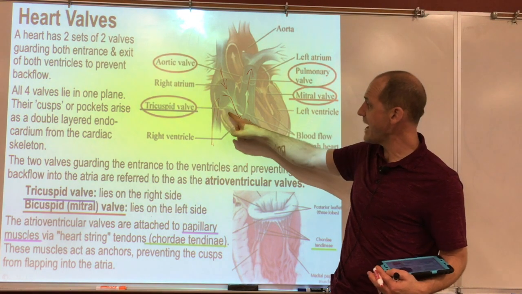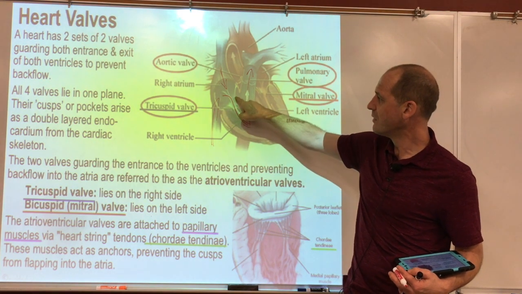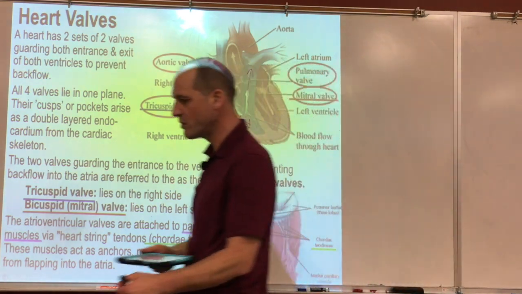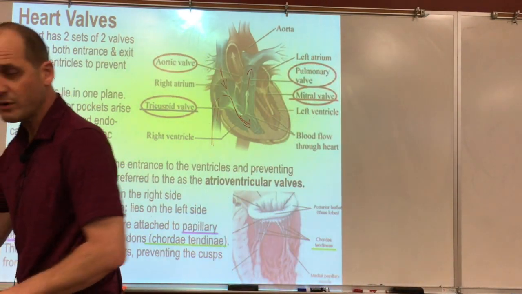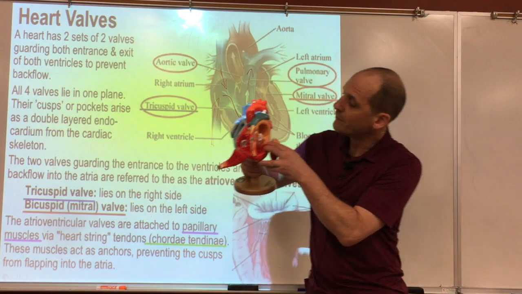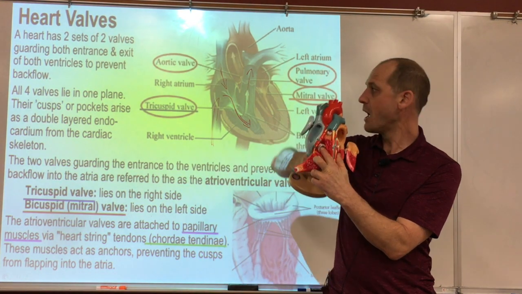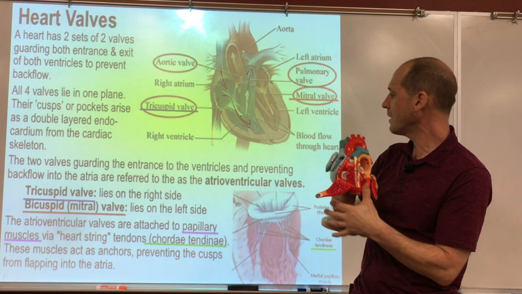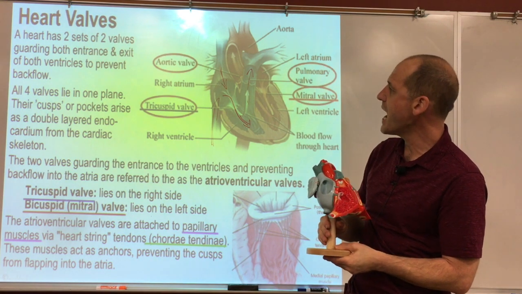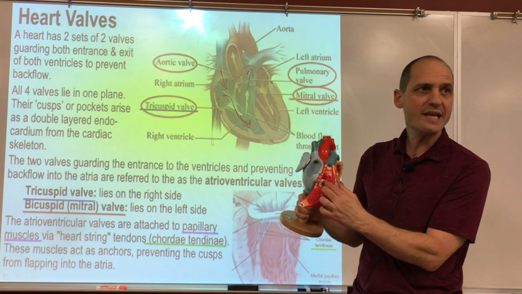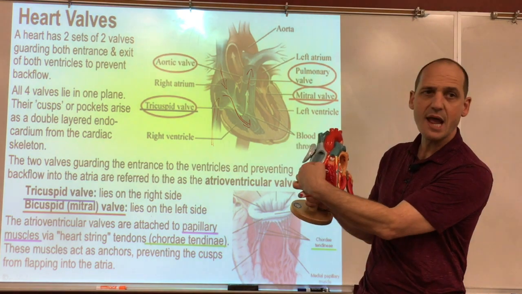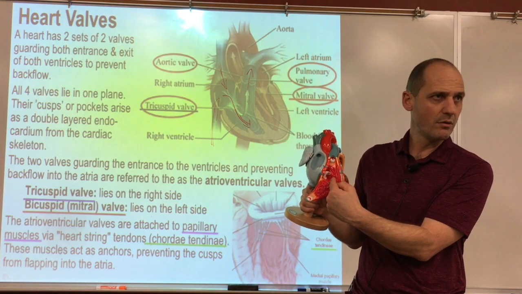And so now what we have here is a valve. You see this valve on your model here, or if you don't have it, you go look here, but the valve is right here, that white stuff is symbolizing that valve. That valve is known as the atrioventricular valve because it lies between the atrium and the ventricle.